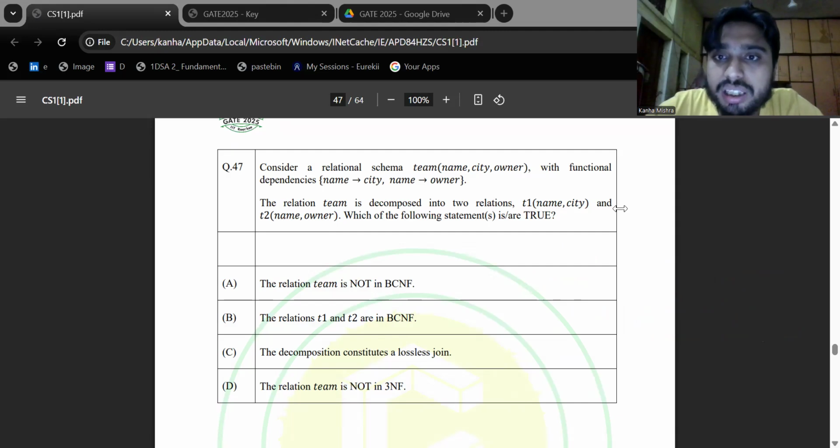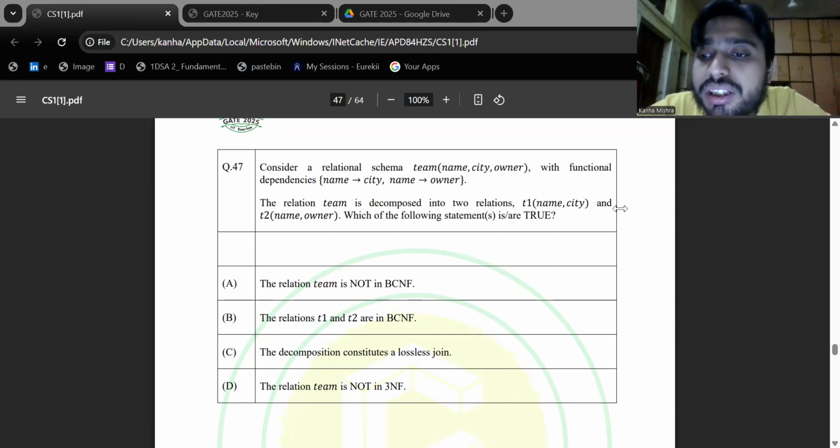Option A: relation is not in BCNF. We just proved that since name is a candidate key and determines all other attributes, and all functional dependencies have name as the LHS, it is in BCNF. Option B: relations T1 and T2 are in BCNF, because name implying city and name is a key, so BCNF; name implying owner and name is a key, so BCNF.